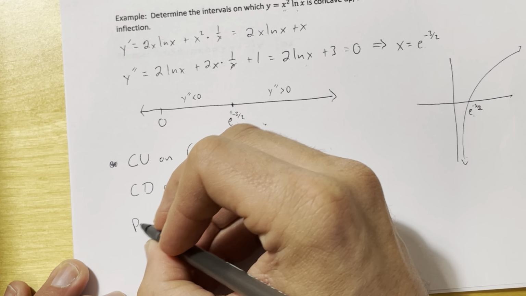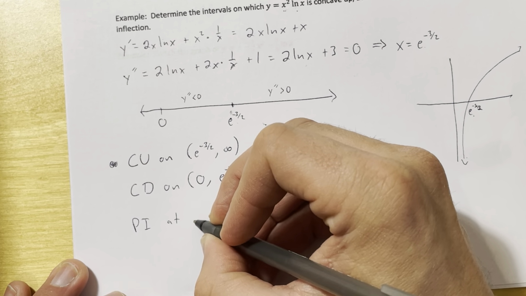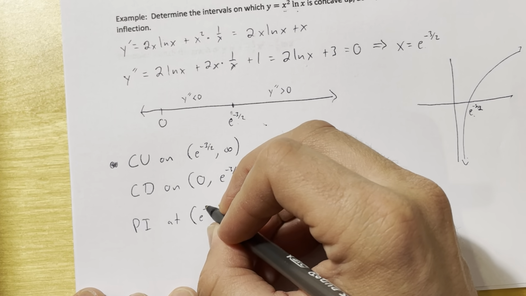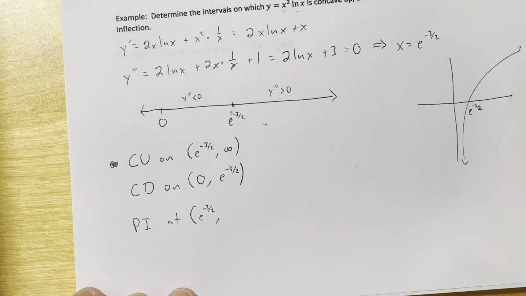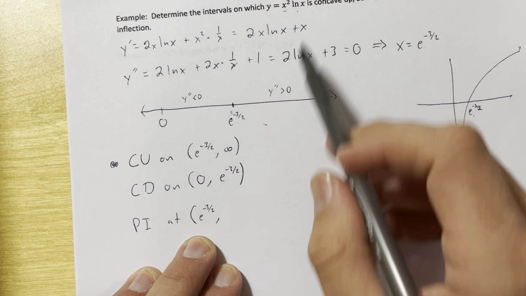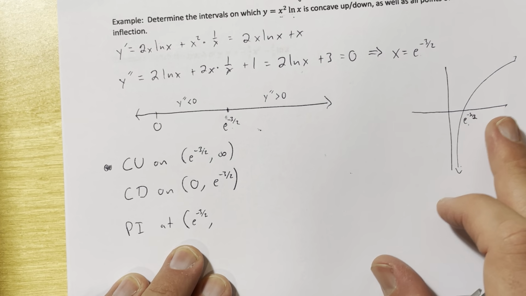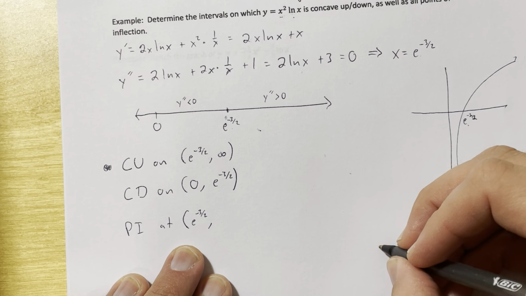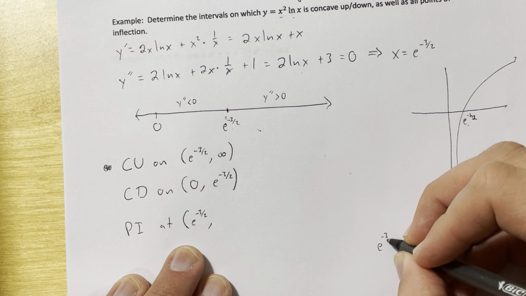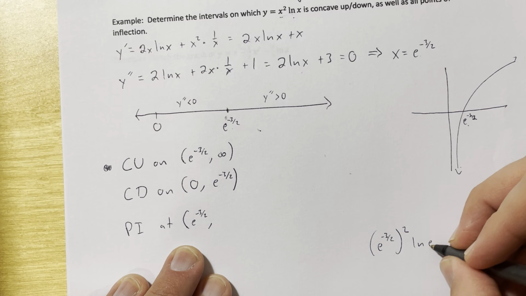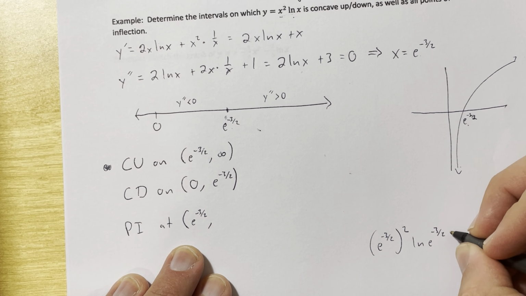Now the point of inflection, the x-coordinate of that point of inflection is e to the negative 3 halves. Okay, but I do need a y-coordinate because it's a point, so we need an x and a y, and the y-coordinate comes from plugging the x-coordinate back into the original function. So let's do that really quick. That's plugging that in for x. I'm going to have e to the negative 3 halves squared times the natural log of e to the negative 3 halves.